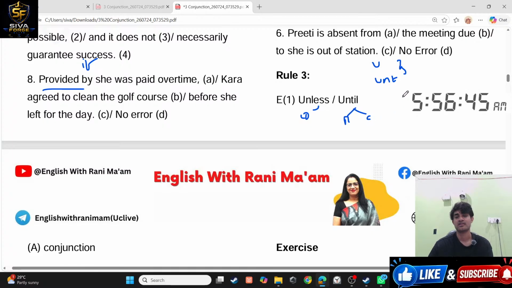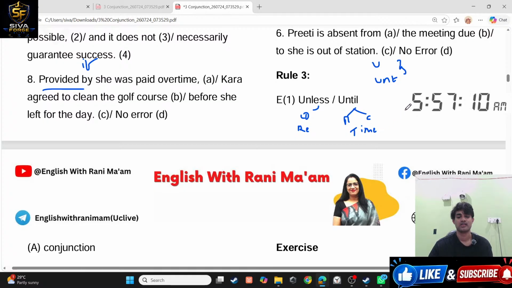Okay, that is the first point. And the second point is unless tells the reason, and until tells the time. I forgot this one also.